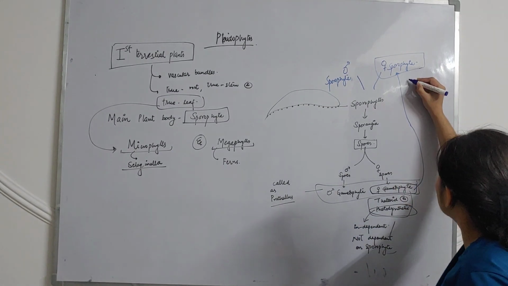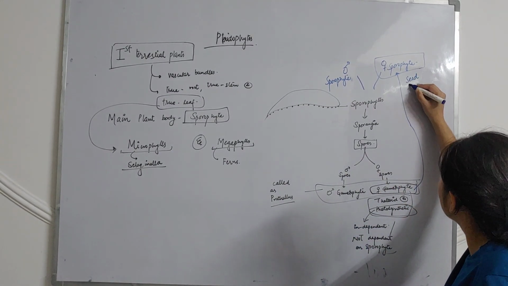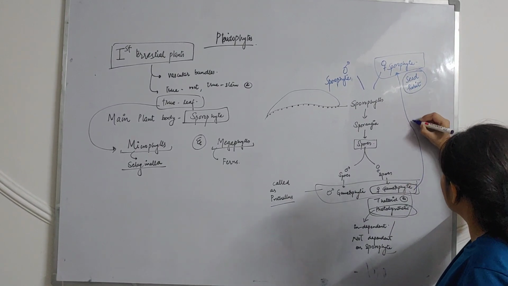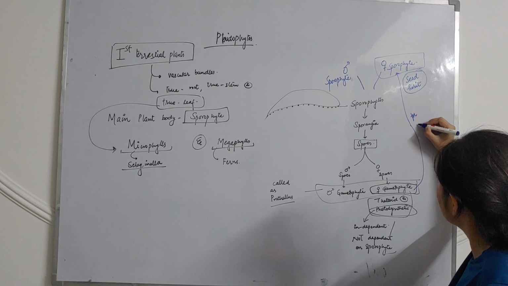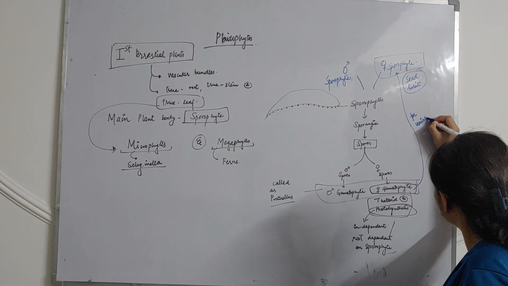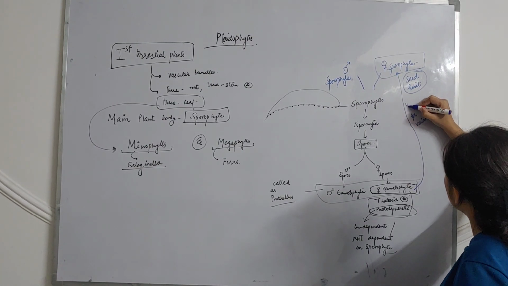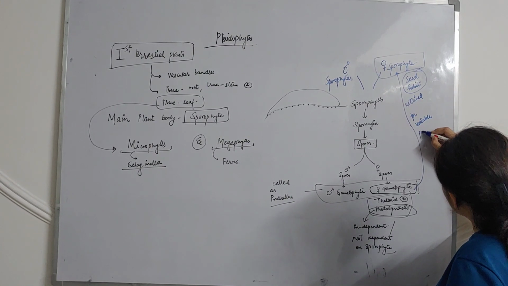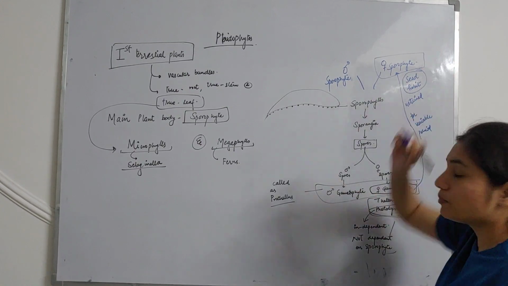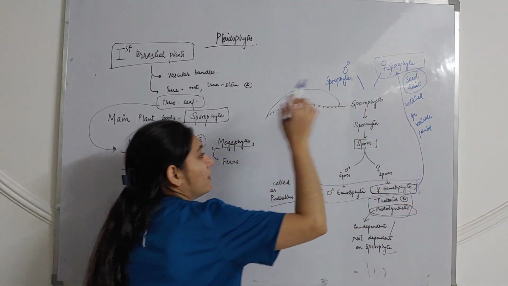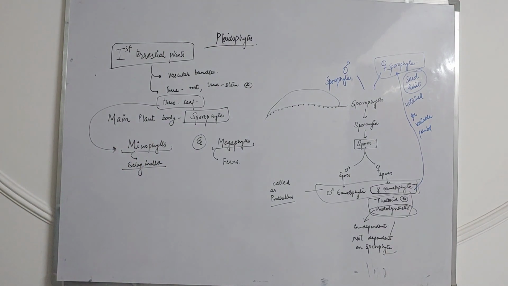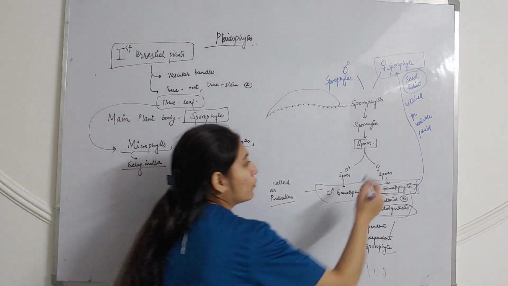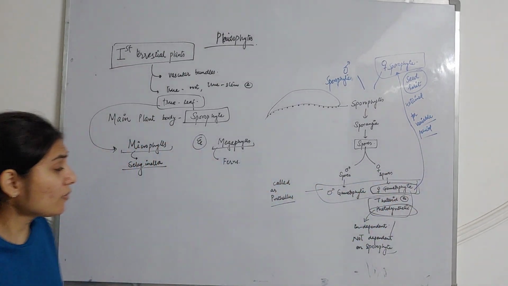It's a precursor for the seed habit, and it is retained for a variable period in different species on the female sporophyte.